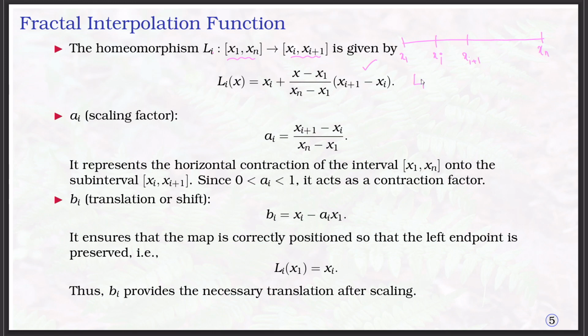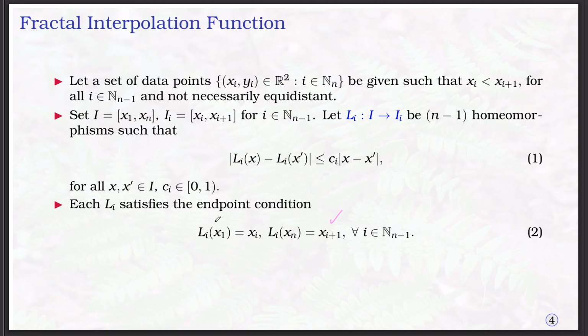Now, Li is a function from the closed interval [x1, xn] to the closed interval [xi, xi plus 1]. We need to check such a mapping exists. For that, this point must move to xi and this point must move to xi plus 1, then all the remaining points should be inside this interval, so that the endpoint condition is satisfied.